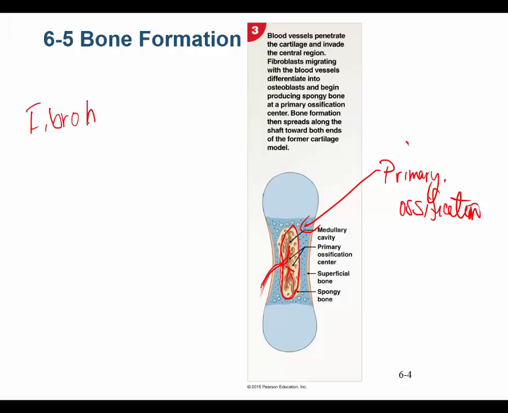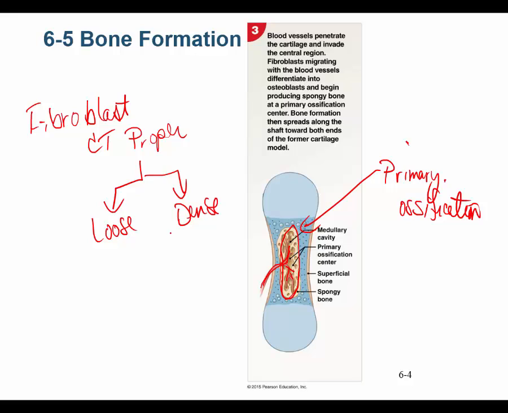They make connective tissue proper. And let me just remind you what connective tissue proper is. It's loose and it's dense. Loose connective tissue and dense connective tissue. Loose is areolar, adipose, and reticular. Dense is dense regular and dense irregular. But fibroblasts lay down connective tissue proper.